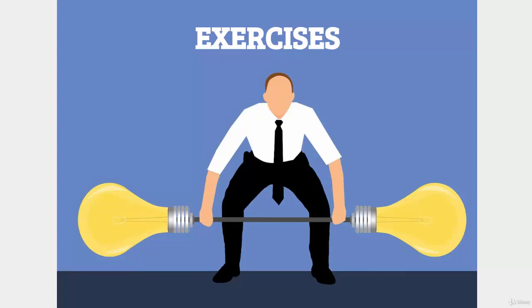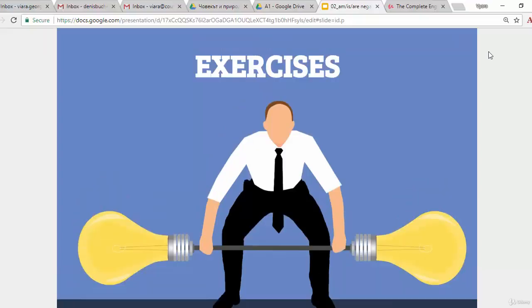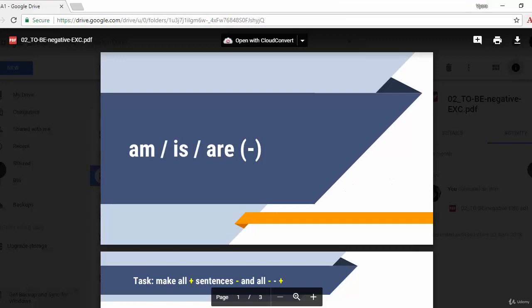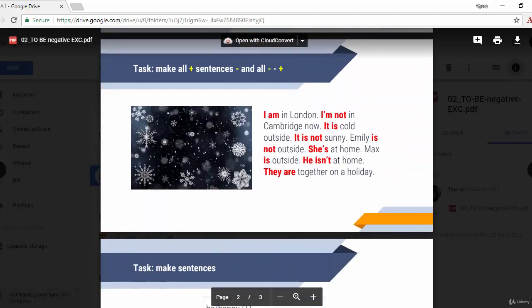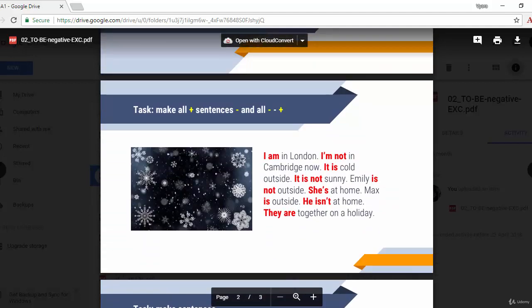And now we are just checking what the exercises will be. Then you do them on your own and we check the answers together. So the exercise, here it is, the verb to be, the negative forms. In the first exercise, be careful here. You need to make the positive sentences negative and the negative sentences positive.